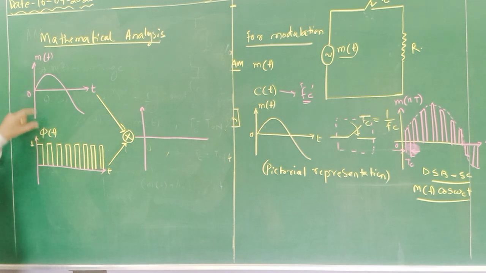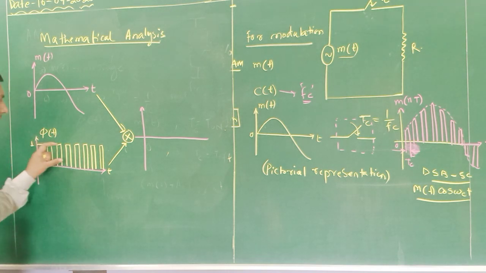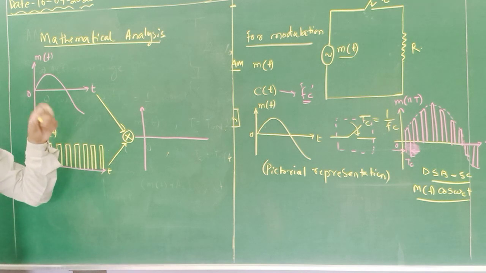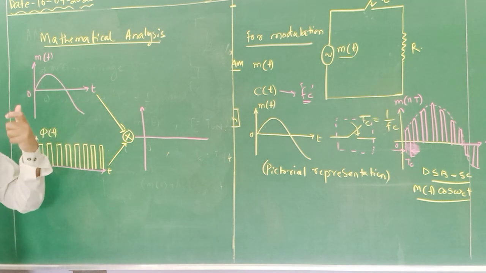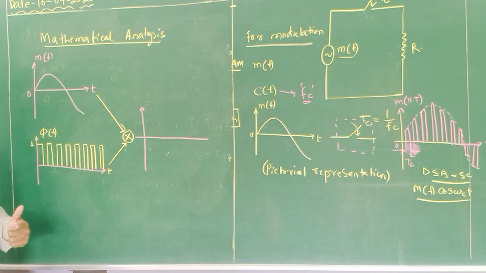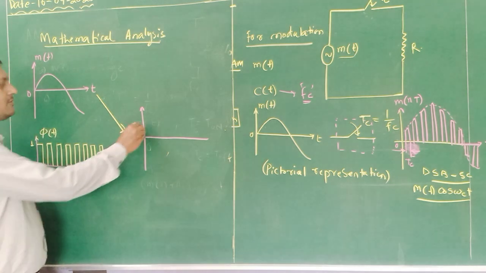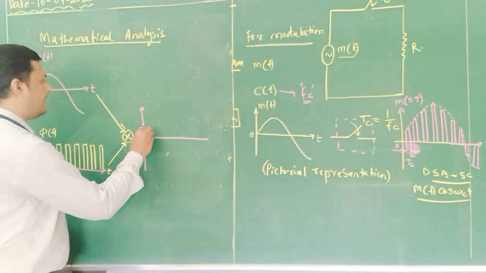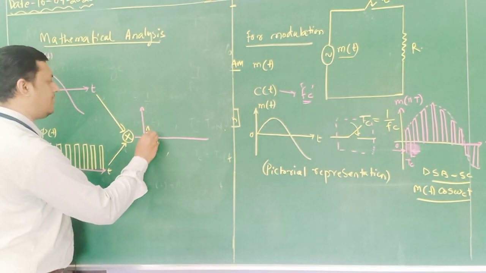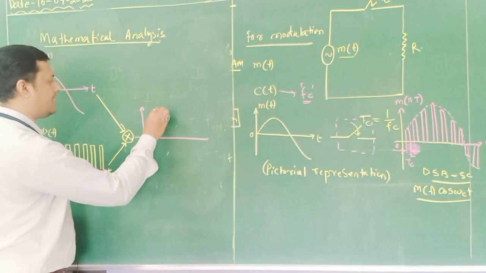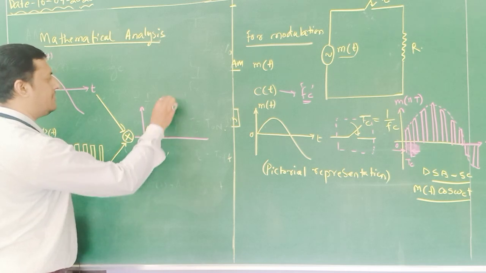Now if I am multiplying this modulating signal, the characteristics of this pulse are going to change. Now if the characteristic of the pulse with respect to amplitude is changed, then I will say it is called amplitude modulation. Frequency remains constant, but amplitude will change. So what are the outputs we will get? First, it will generate these sorts of samples.